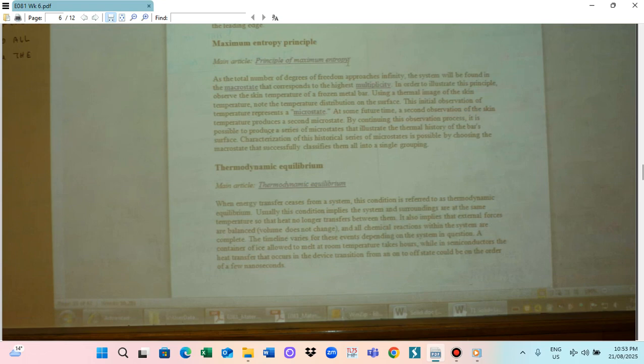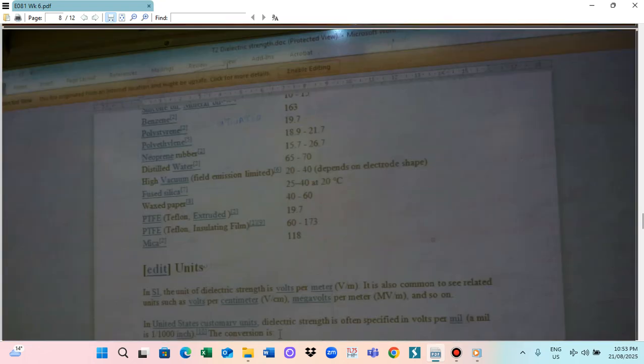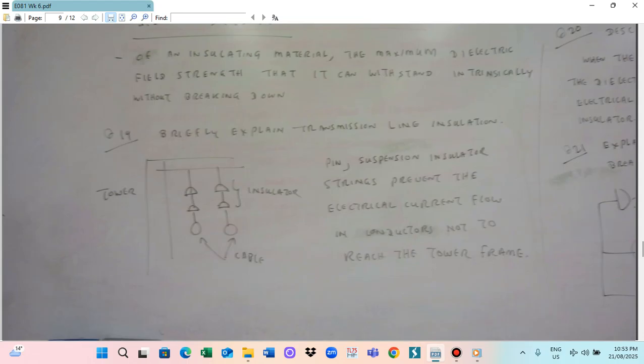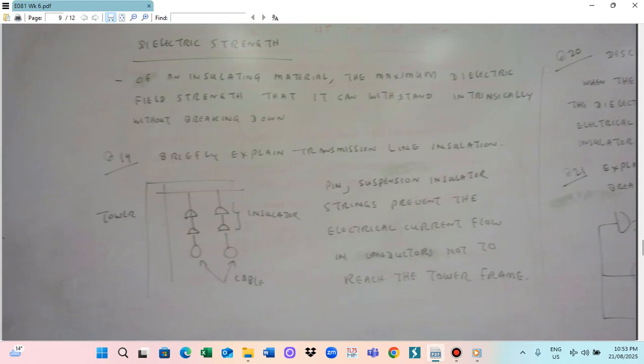So we are talking about the dielectric strength. Dielectric strength is the insulation property of a material. It is the maximum electric field strength that an insulating material can withstand intrinsically without breaking down, without experiencing failure of its insulating properties.